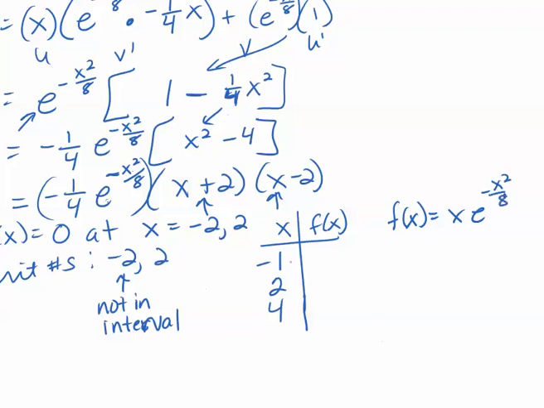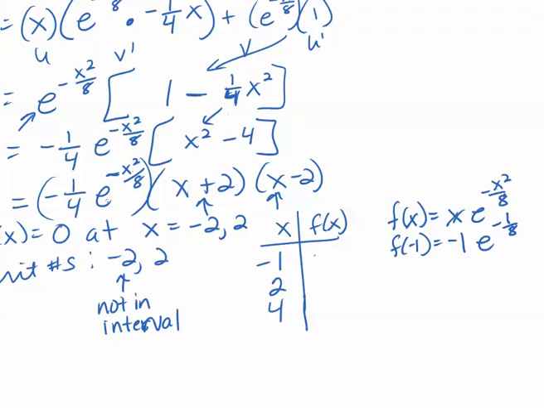So if I put negative 1 into that function, we would have negative 1 e to the negative 1 squared is positive 1. So we would have e to the negative 1/8.